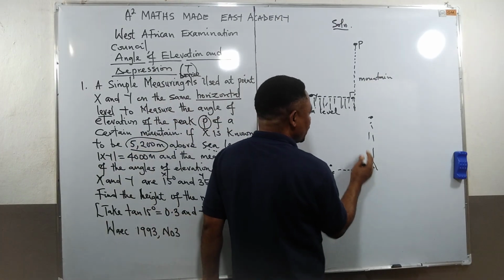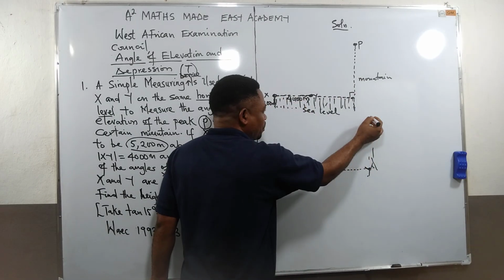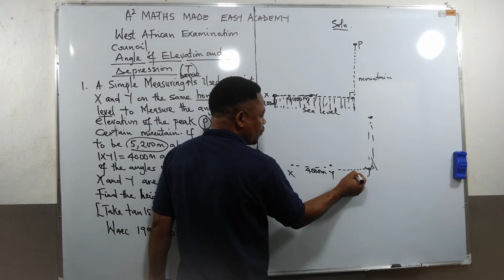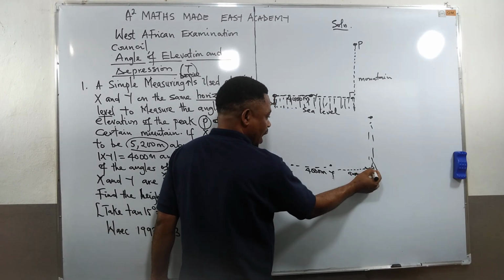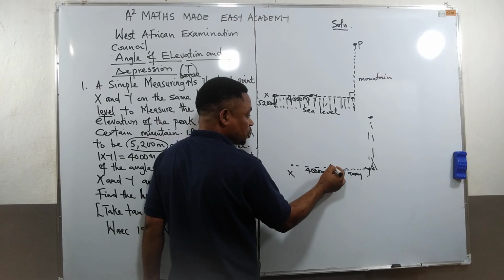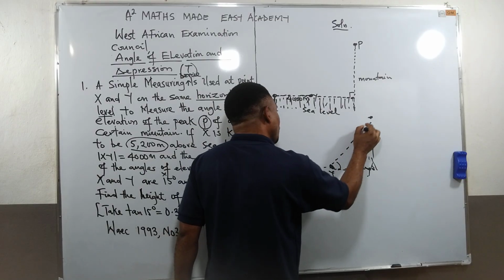Y cannot be here looking at the peak of the mountain. It is not possible. For him to observe the peak, he has to move away from the foot of this mountain, so that he will be at this point in order to observe the mountain at a particular angle.